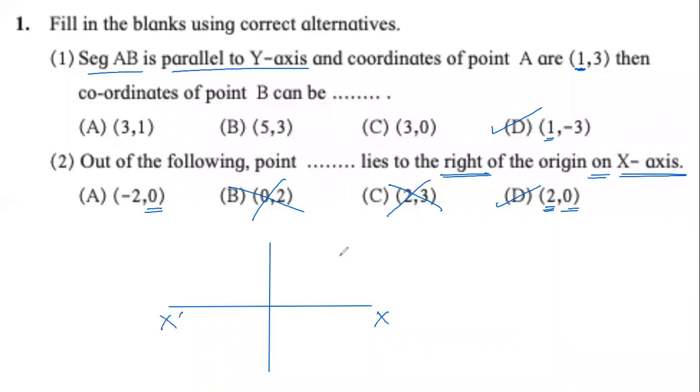In the textbook, it's called x complement, y complement. The point where they are intersecting is the origin, 0, 0. So a point on the x-axis on the right-hand side of the origin, somewhere here, right? So this point can be 2, 0. That is why this is the answer. Also, something that is parallel to y, so something like this.